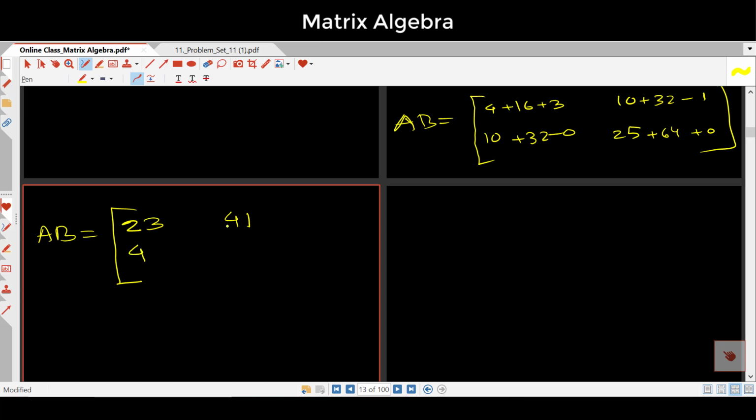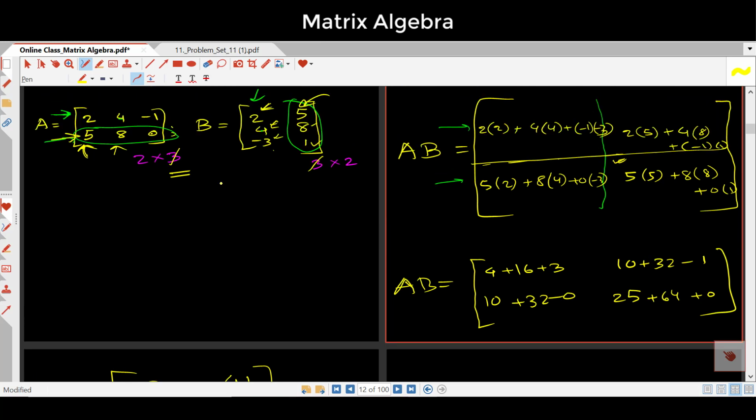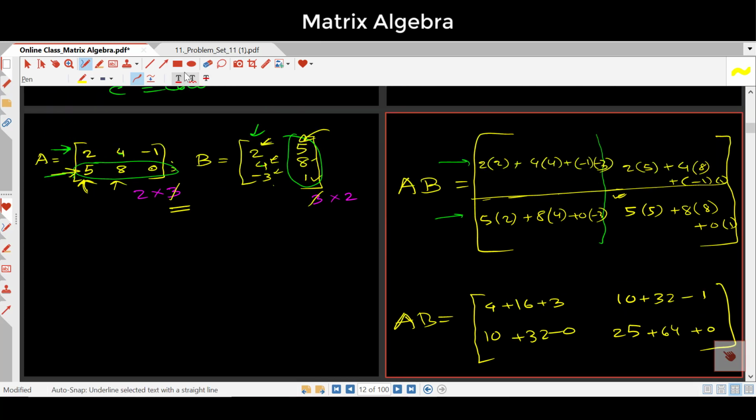Here we will have 10 plus 32, that is 42. 25 plus 64, it will be 89. So that means 23, 41, 42, 89. So this is our required multiplication, A times B. So this is how multiplication can be done. Compared to addition and subtraction, multiplication is actually difficult, but if we practice it will be easier.